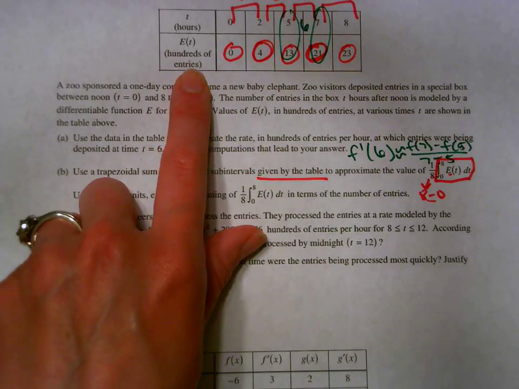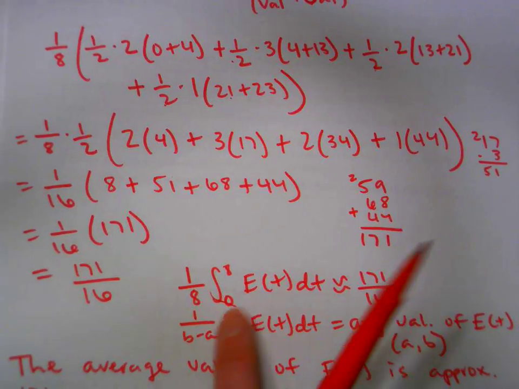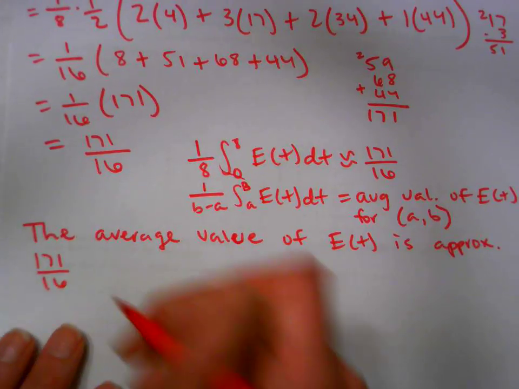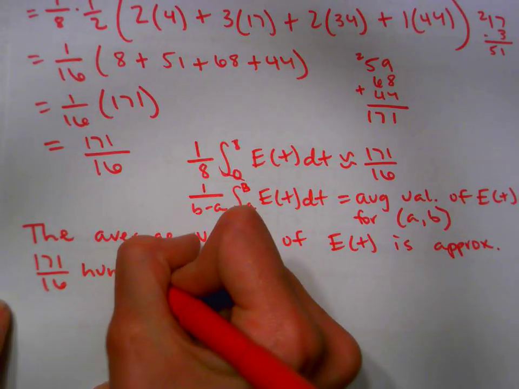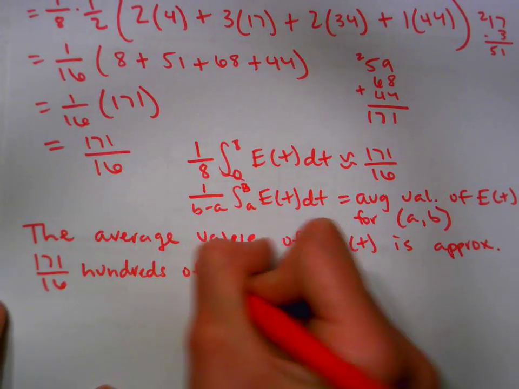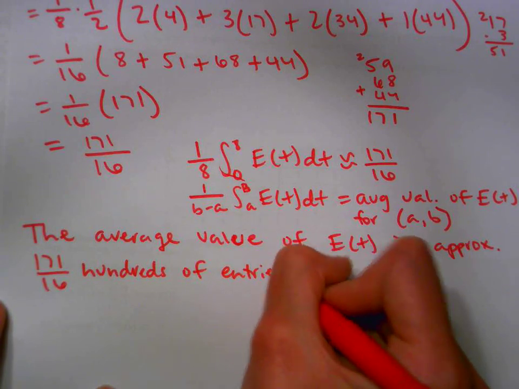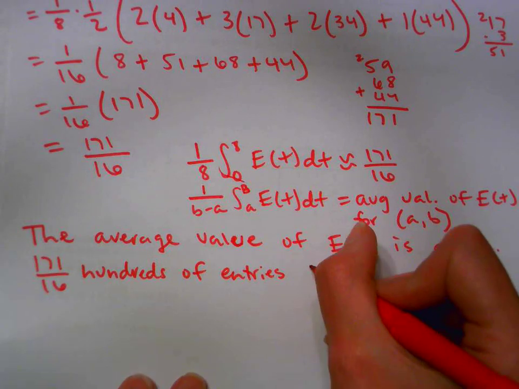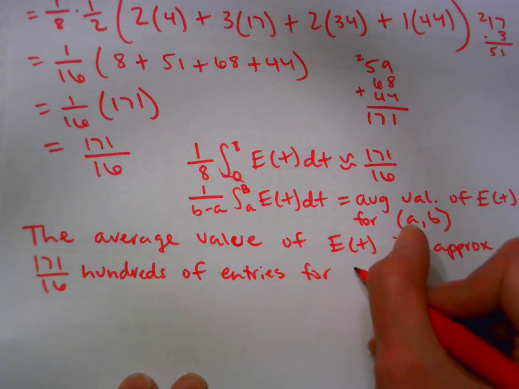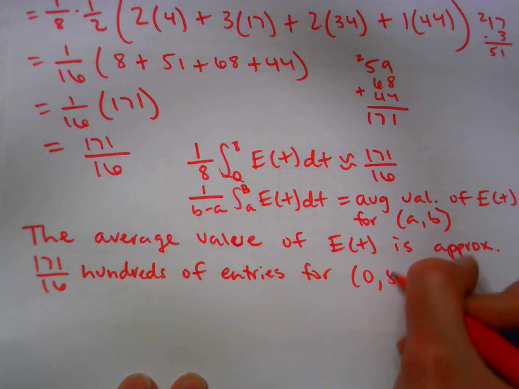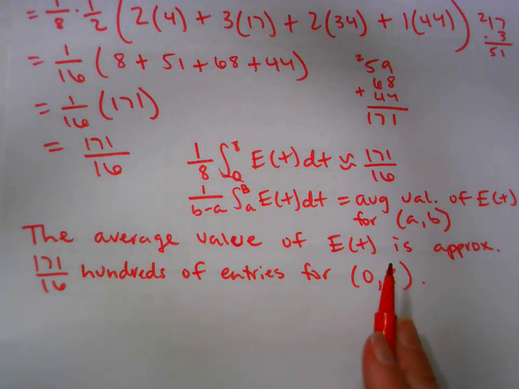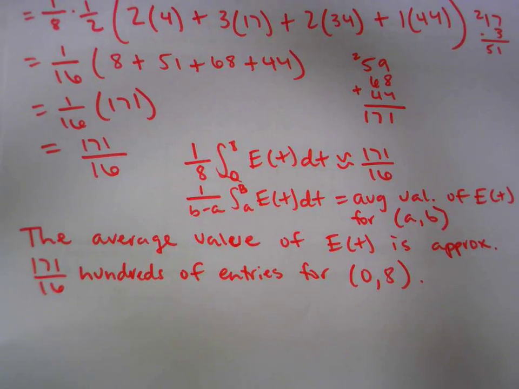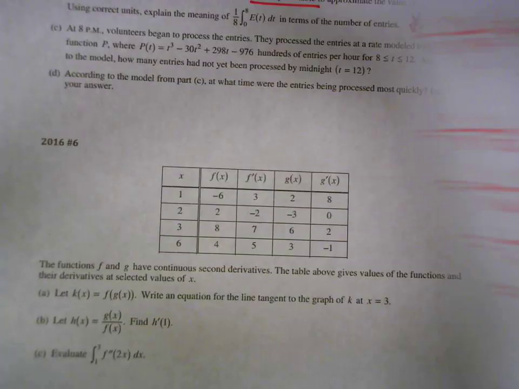Hundreds of entries. So the units, remember, don't change when you do average value. So hundreds of entries is approximately 171/16 hundreds of entries for the interval 0 to 8. Or you could say for the first 8 hours. Okay, that is part B.